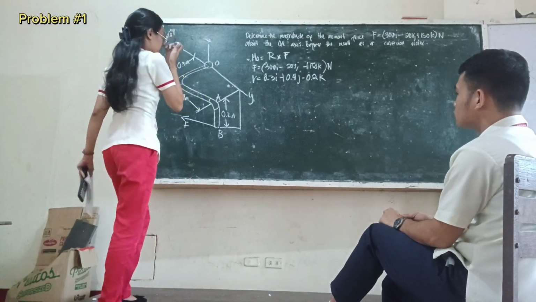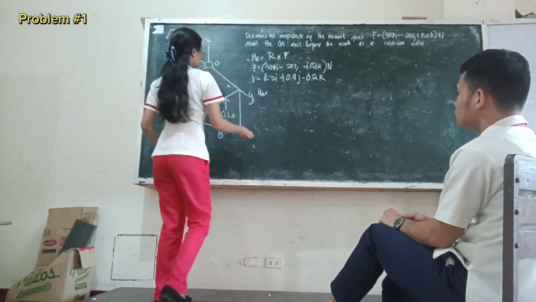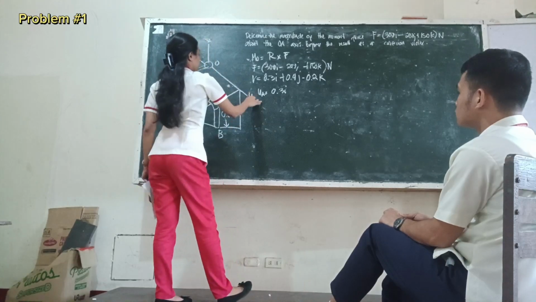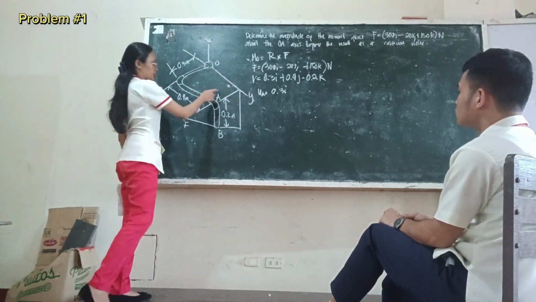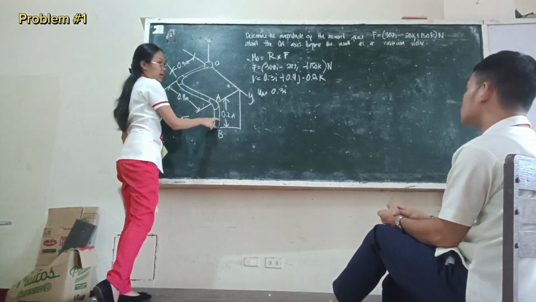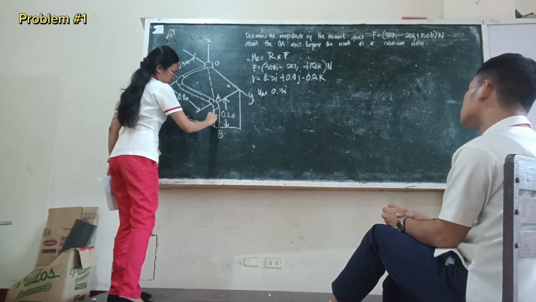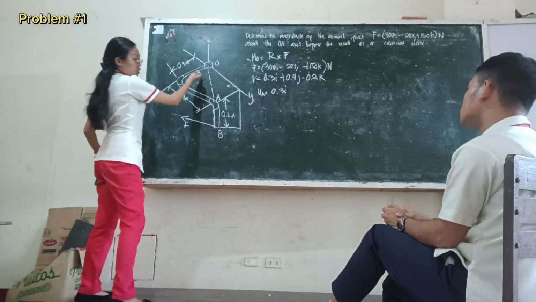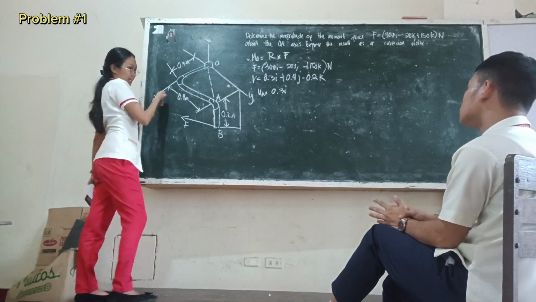So the unit vector of UA is equal to 0.3i, since the unit vector OA is found in the x and y axis. It can be x, it can be y.